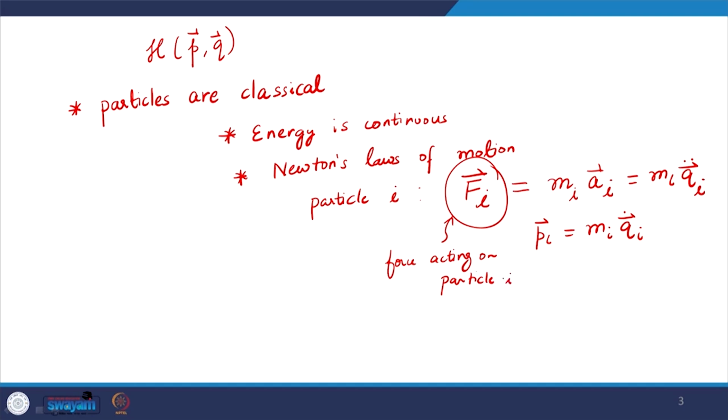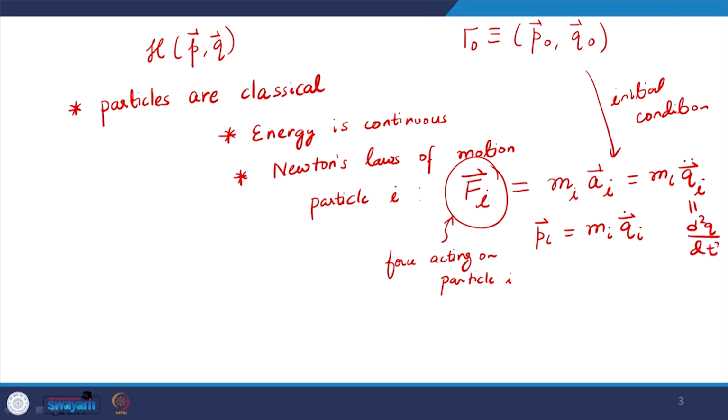So, in terms of our phase space representation, I only need to know my initial state gamma naught, that will be corresponding to some initial value of p naught and q naught, and that will be the initial condition for this second order differential equation, because this q double dot is something like d2q by dt square, right.